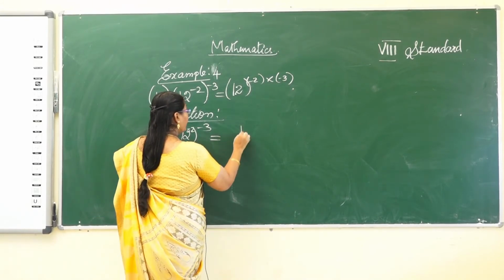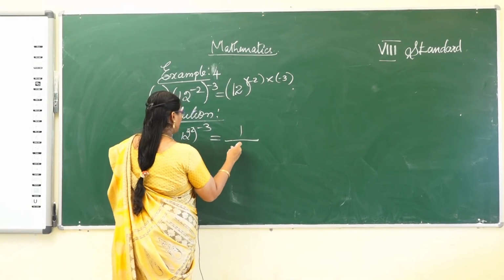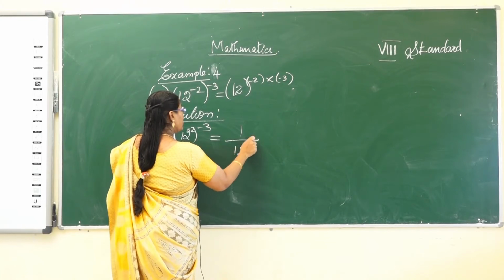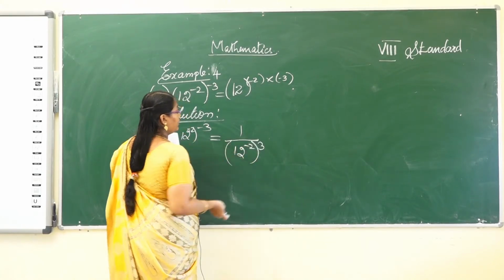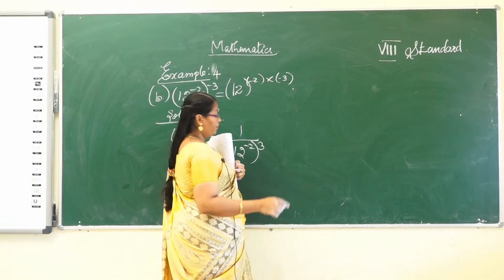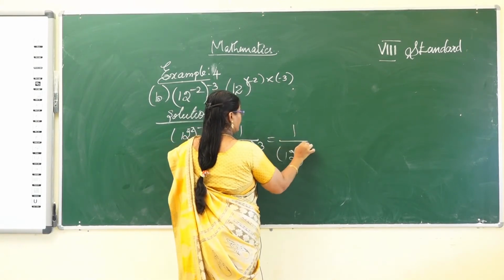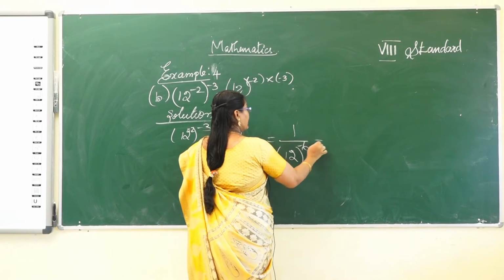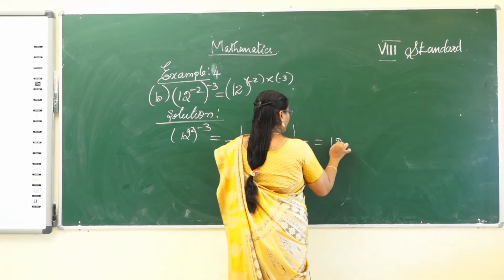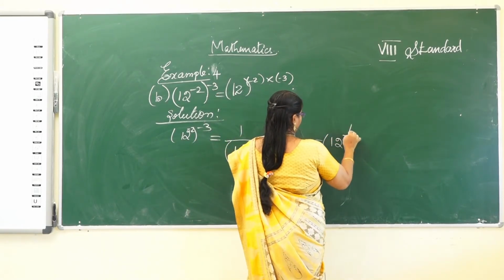So we can write 1 by (12 power minus 2) the whole power 3. Now multiplying the powers, so 1 by 12 power minus 6. It can be written as 12 power of 6.